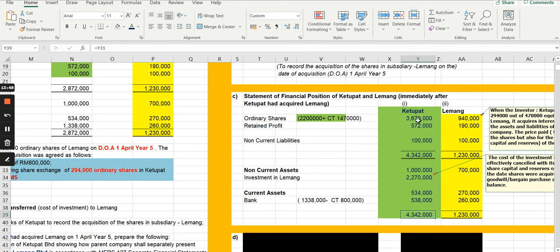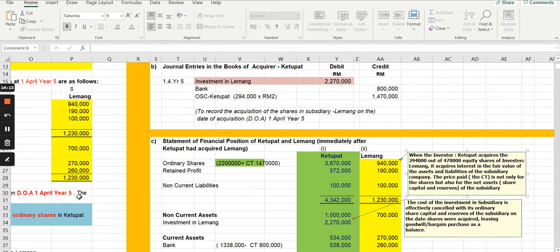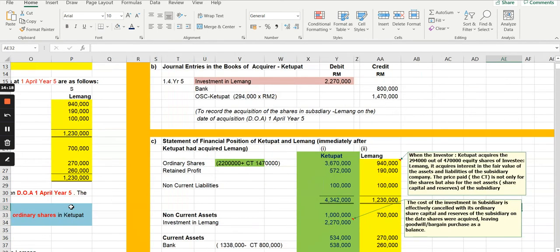Now this is the separate statement of financial position of Ketupat, and this is not a consolidated statement of financial position yet. So let me have some notes for you here. When the investor Ketupat acquires the shares, how much was it? This is not the right answer. 376. Yeah, there was some mistake here. 376. So I just correct that here.